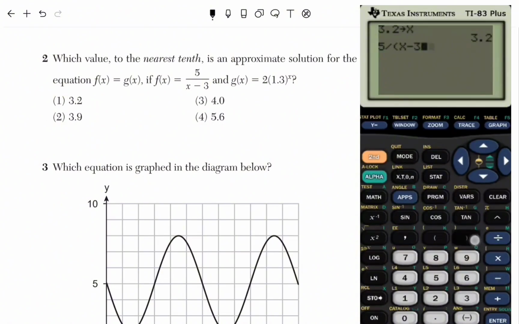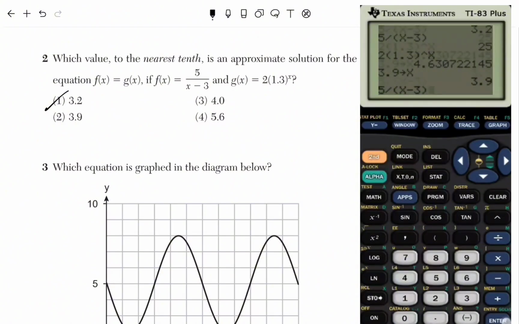And we get our value 25. Then we're going to do 2 parentheses 1.3 to the x. We're going to get 4.63. They don't match. Eliminate answer choice number 1. Answer choice number 2. We're going to do 3.9 store x. Then we're going to do 5 divided by parentheses x minus 3.